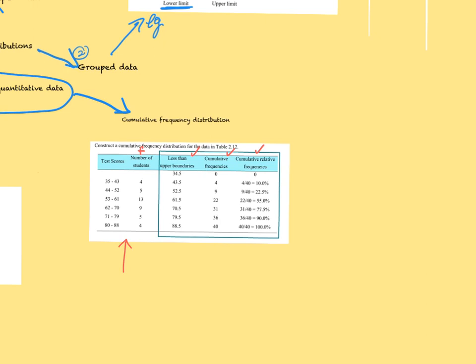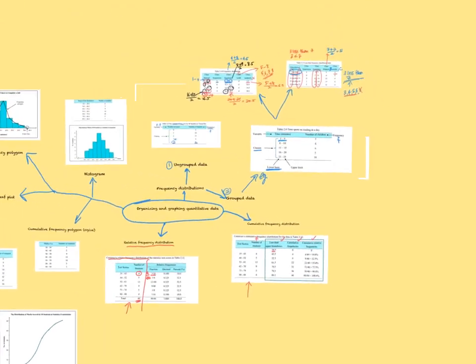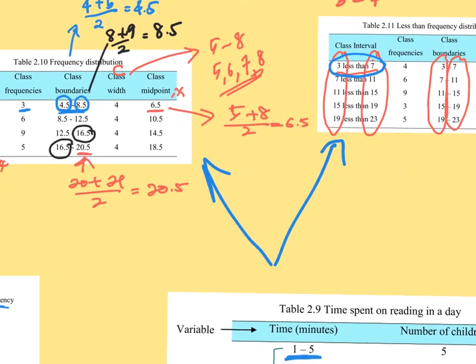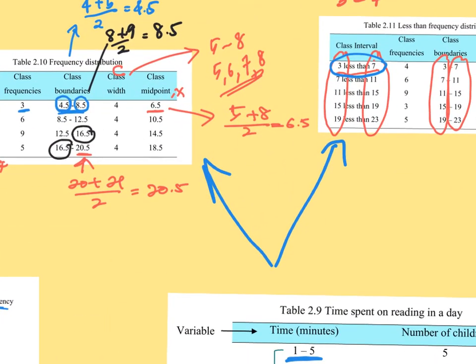This one we actually discussed before, so you need to refer to the notes before this. After you calculate the less than upper boundaries, if you don't remember, let's take a look at the calculation. Which one is the less than upper boundaries? Less than upper boundaries for the previous example is this one.